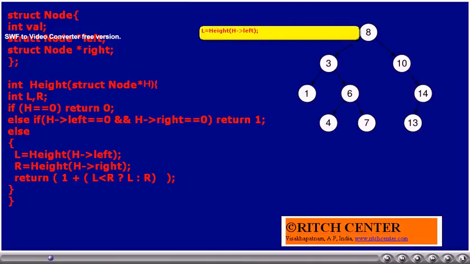As it is not 0, that is h value is not 0, and as it is not a leaf node, the statement L is equal to height h arrow left is executed, which makes us traverse the left tree of this root node recursively.